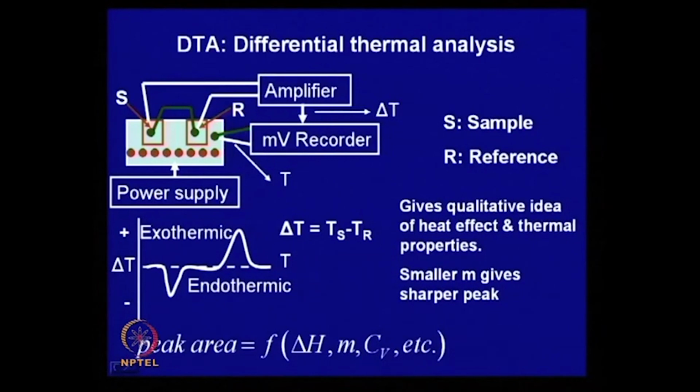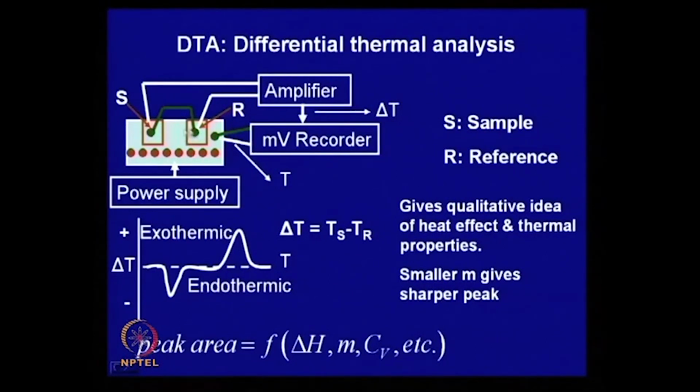The one which is shown here is the differential thermal analyzer. So, you take a small piece of the sample, which is put in a container, and you also have a reference material.